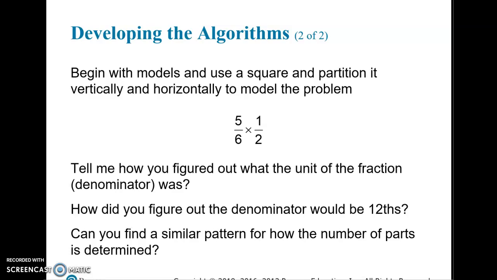You can continue to ask students to estimate how big they think the answer will be and why, and then to check the reasonableness of the answer. A person might answer that 5/6 times 1/2 is slightly less than a half because 5/6 is close to a whole but not a whole.